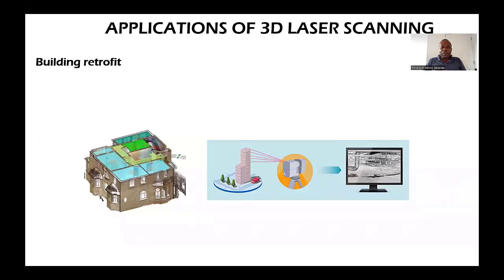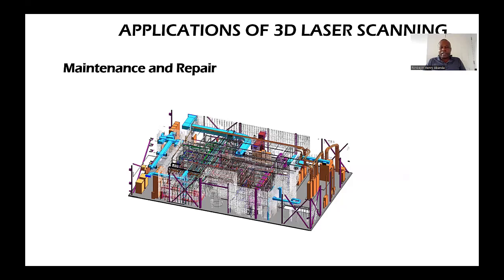And of course, you can use the scan model, the point cloud data that you would have obtained from your scanning activity, to generate a model that can be used for building retrofitting. The same, you can use your point cloud data obtained from laser scanning to generate a 3D model that can be used for maintenance and repairs of buildings.